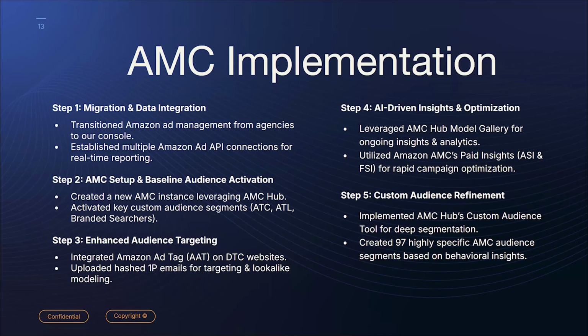With the analytics, we used what I mentioned earlier, Amazon's paid insights. So you have ASI and FSI. One is Amazon Shopping Insights. The other is Flexible Shopping Insights. ASI is basically all of the interest tags and demographic tags of every known user in the Amazon universe.